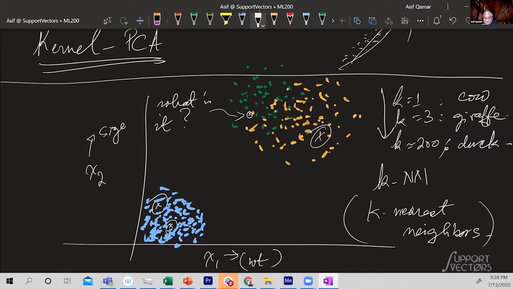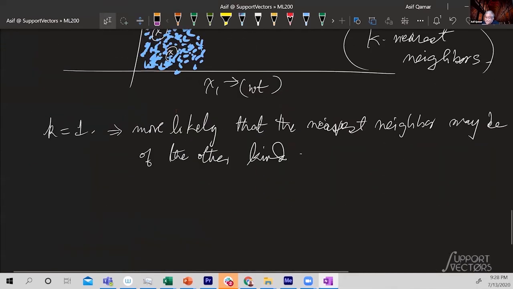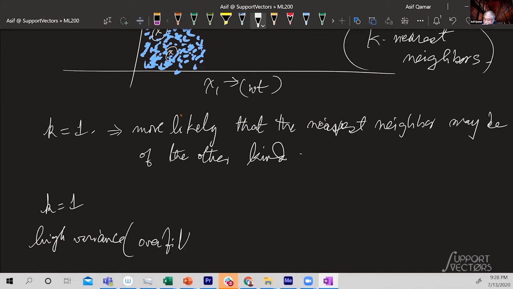This is the traditional journey from high variance to high bias. At k equal to 1, you are in a situation of high variance, overfitting, to a situation where k is large.